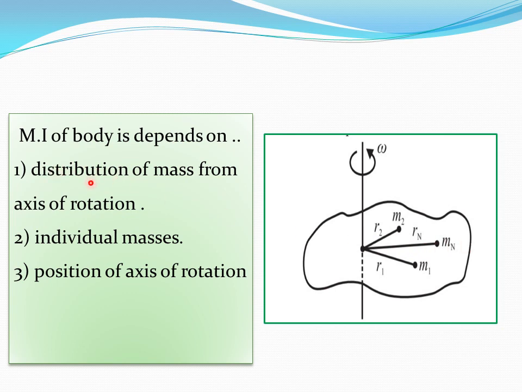This is called distribution of mass. And individual masses, m1, m2, m3, m4 up to m_n. And position of the axis of rotation: suppose see in the figure, the axis of rotation is passing through this point. It might be passing through any point. So the position of the axis of rotation also describes the moment of inertia of the body.